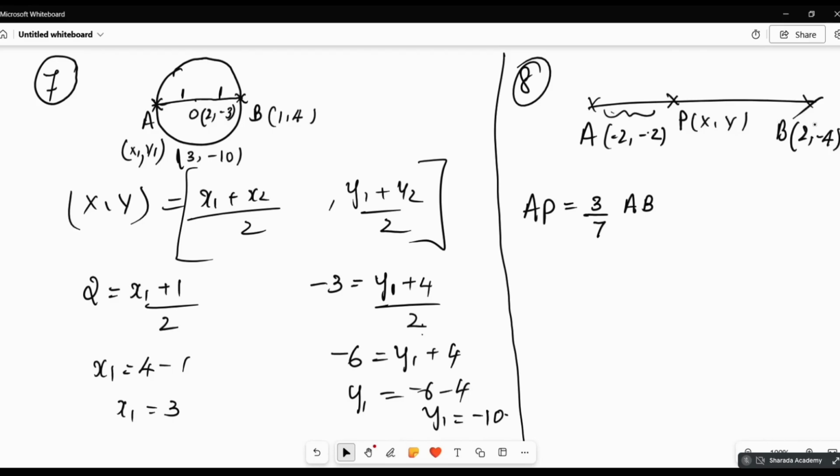How to calculate the ratio? What will be the ratio now? AP is to BP will be 4 to 3.